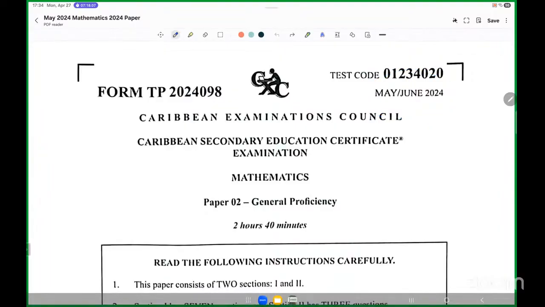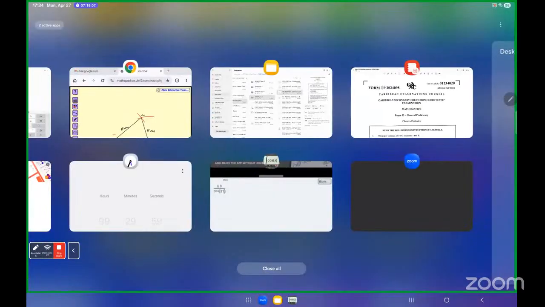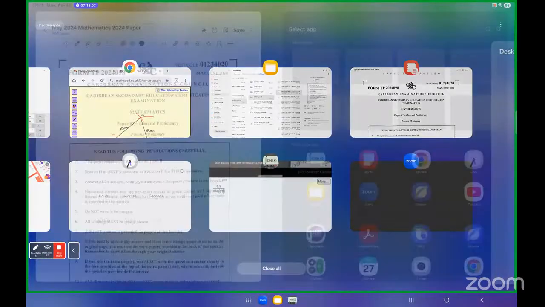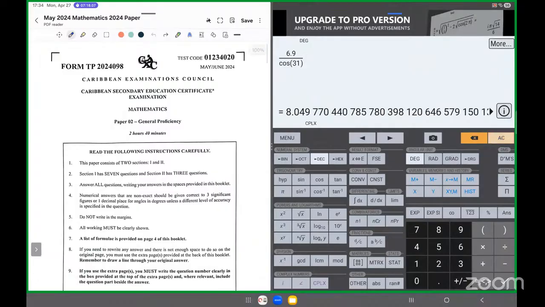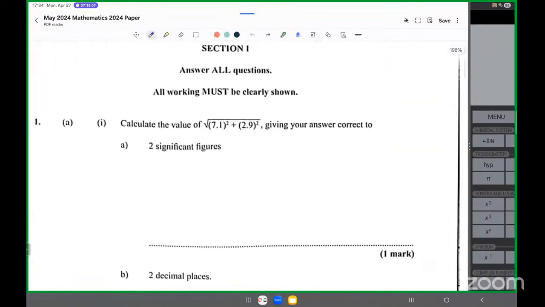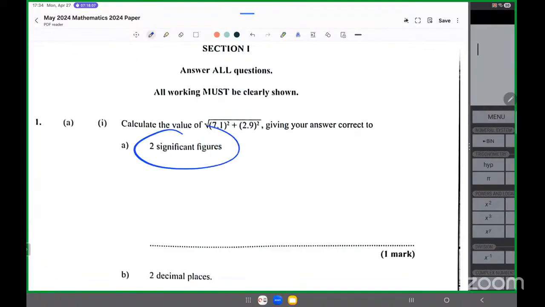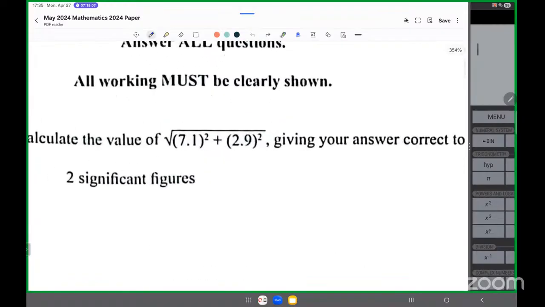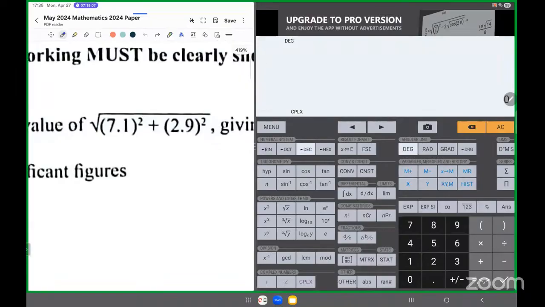The first question is always a calculate question. It says we have to calculate this and give the answer first to 2 significant figures. So let's put this in the calculator, exactly as it appears there.